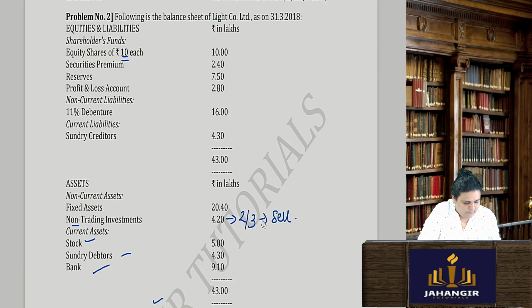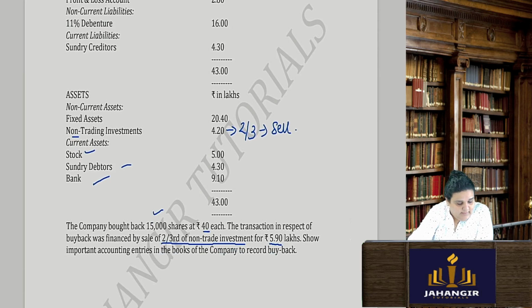4.2 means 4 lakh into 2 divided by 3. So, I am selling 2.8 of my non-trading investment for rupees 5.9 lakhs.